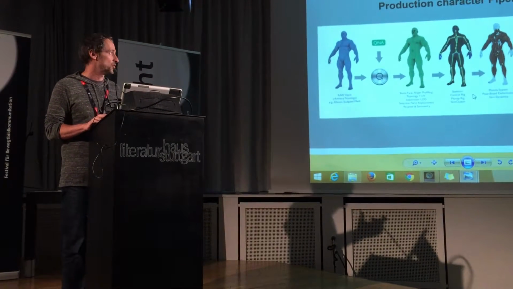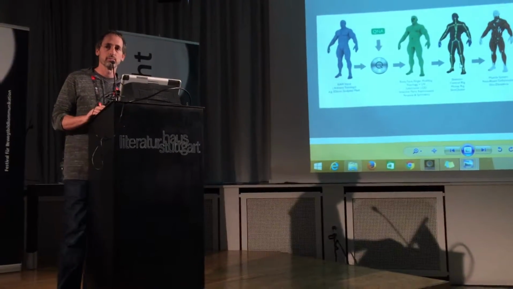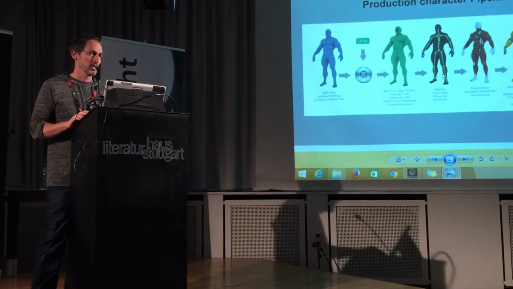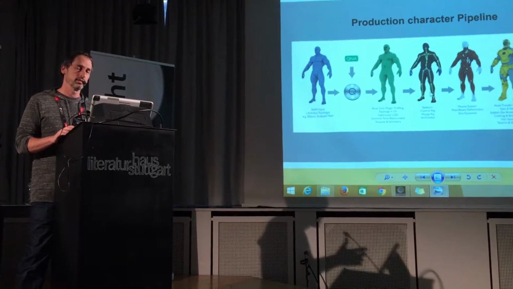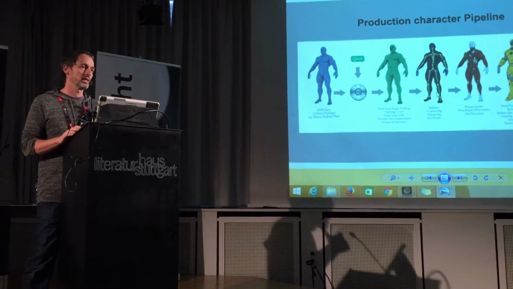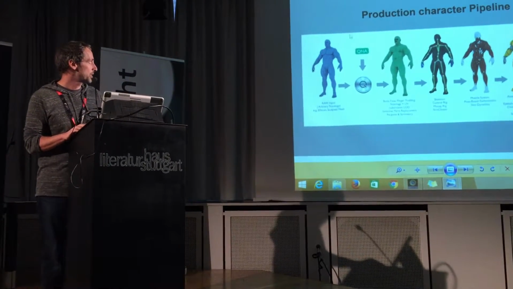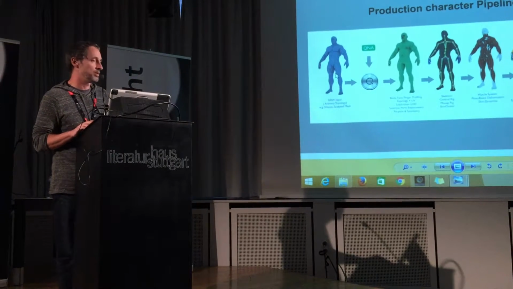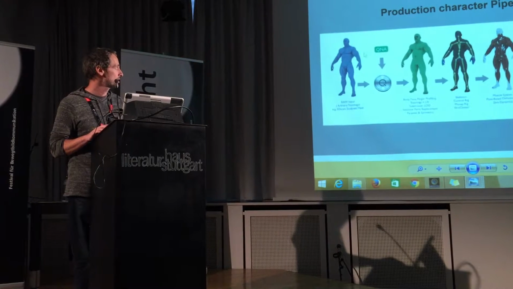And this is a very simple chart to explain what it is to be a modeler. A pipeline is something that is very, very important when you work in production, and you're going to be part of a team, and you really have to know your place in the pipeline, right? You have to make people's work easy. So it's good that you know where you stand, and as a modeler, this would be the ZBrush model, where you've been working without worrying about technicalities or topology.